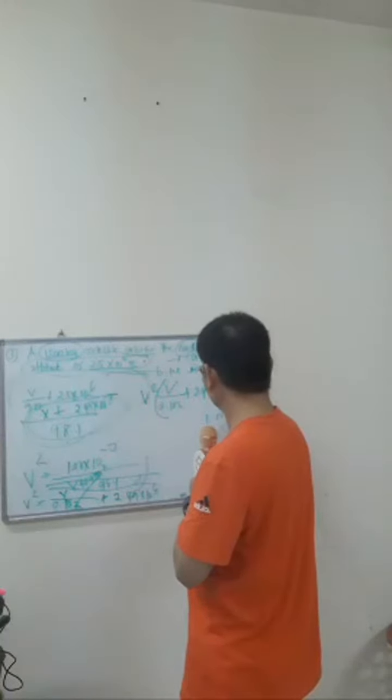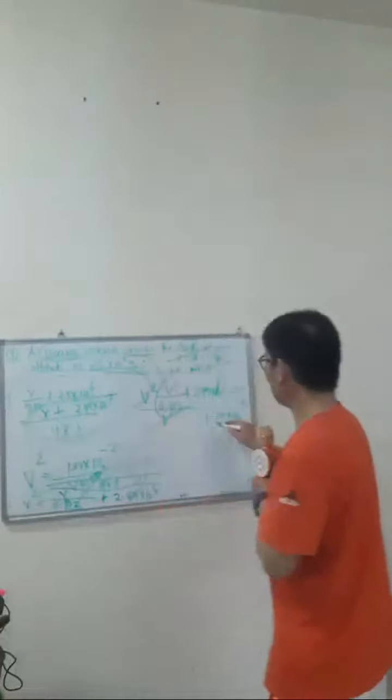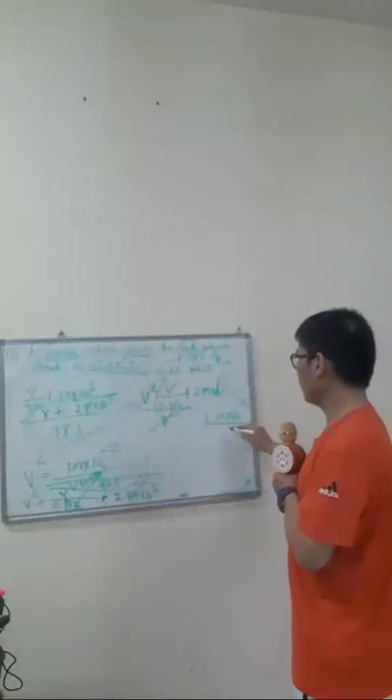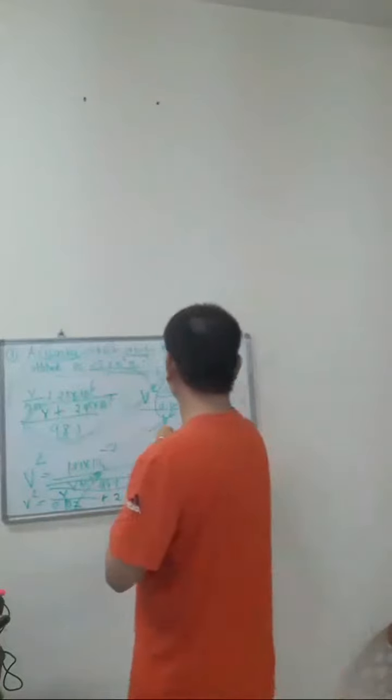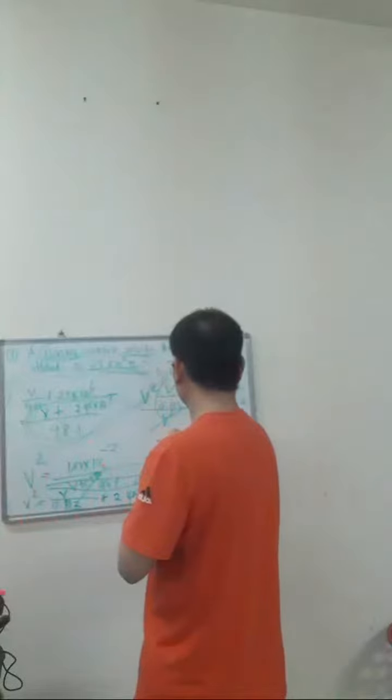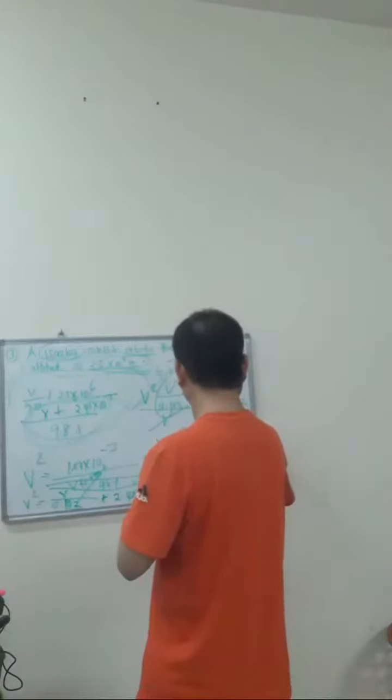In this case, we need to divide both sides by V squared so that it will cancel. So it becomes V over 1.02 plus 2.49 times 10 to the 6, then 1.00 times 10 to the negative 7 over V squared.